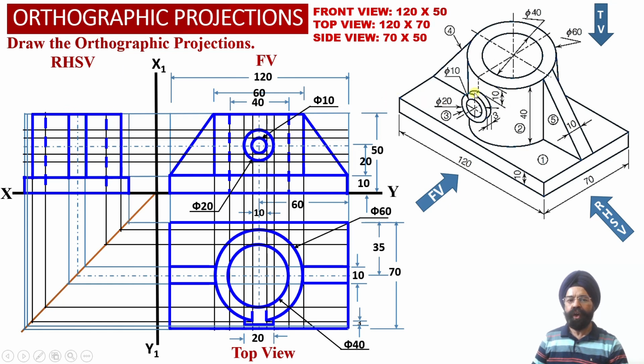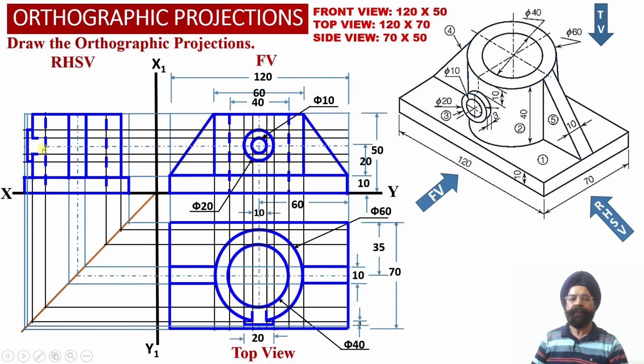And finally, corresponding to element number 4, we are going to get a small projection over here. This outer diameter is 20 millimeter and the internal diameter has to be 10 millimeter. So a hollow part we have to obtain over here so that a snug can enter from this side. So here a hole will be there in the cylinder having diameter equal to 10 millimeter.